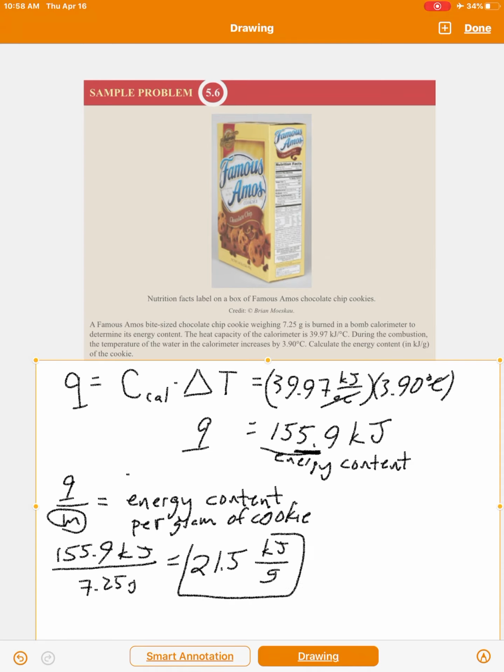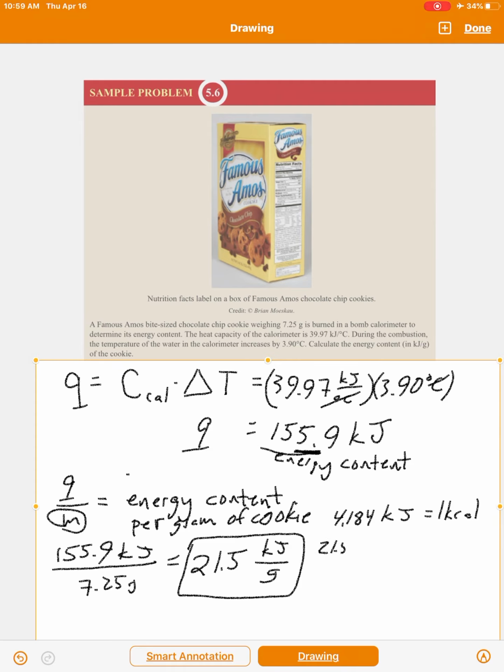Now, you know what's interesting about that? Let me show you just a quick little calculation here. There are 4.184 kilojoules in a kilocalorie. So even though this question doesn't ask for it, just to show you, you could do a conversion and figure out how many calories per gram this has.